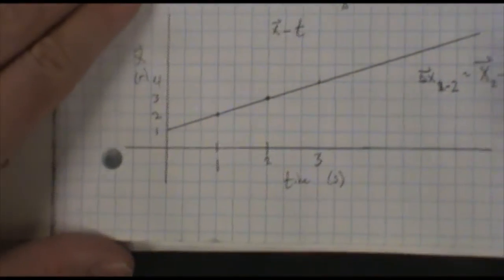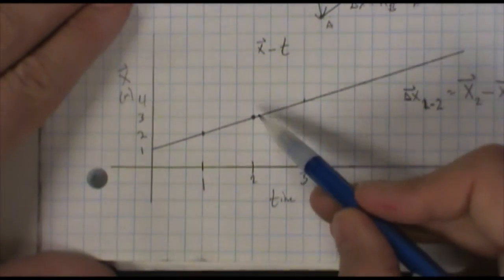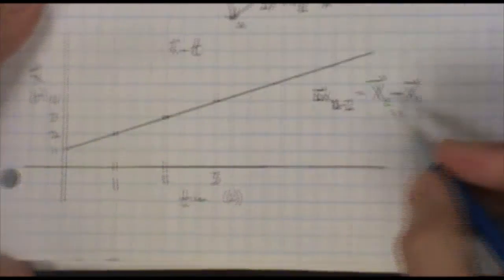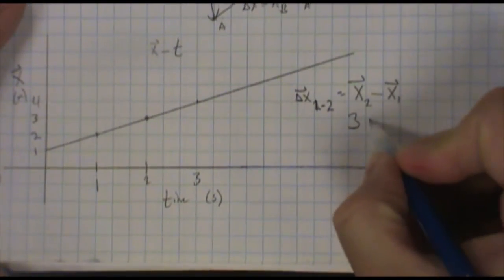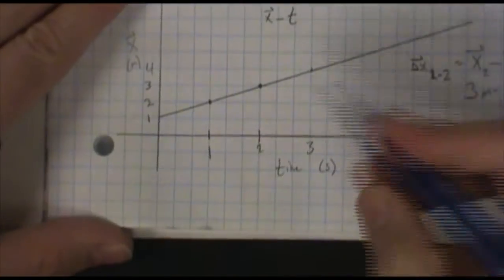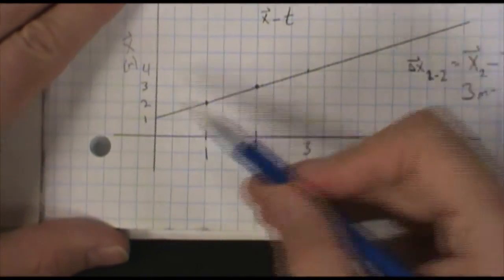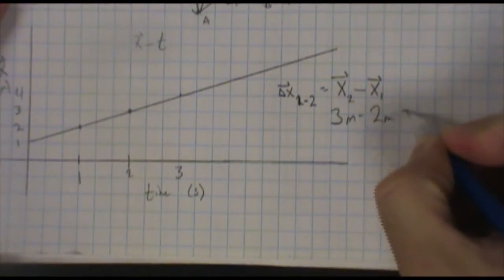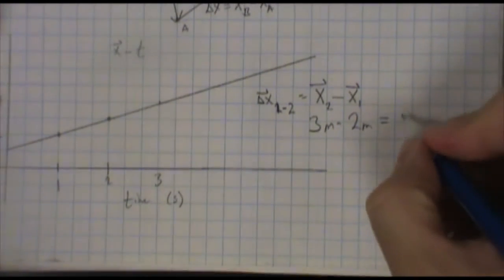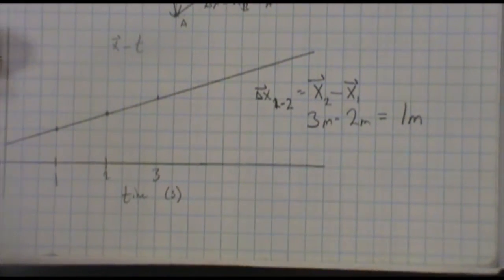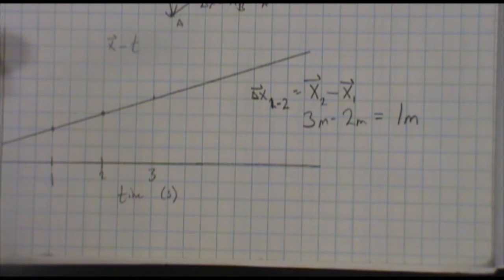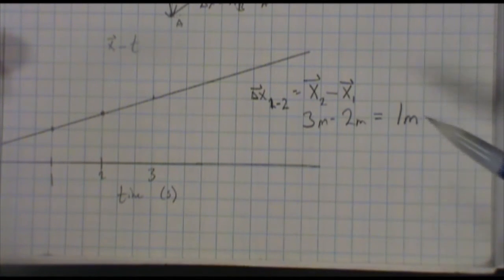I can read my graph and find these things. My position at 2 seconds is here, 3 meters. My position at 1 second is 2 meters, giving me a displacement of 1 meter. So the displacement from 1 to 2 seconds is 1 meter.